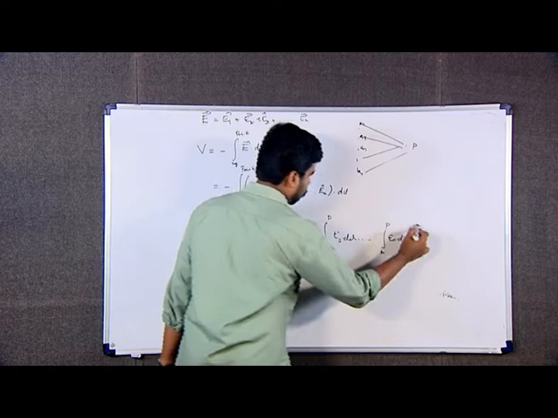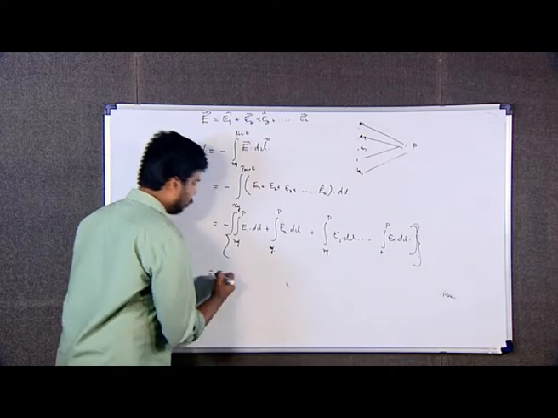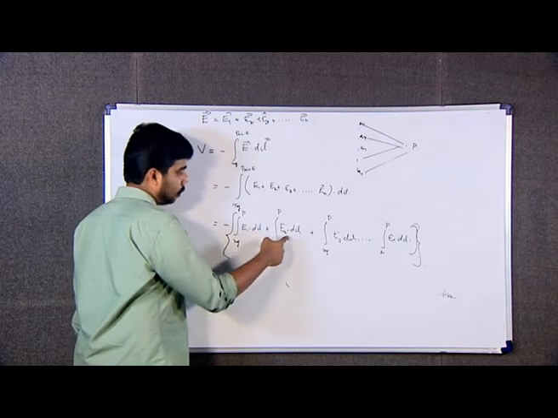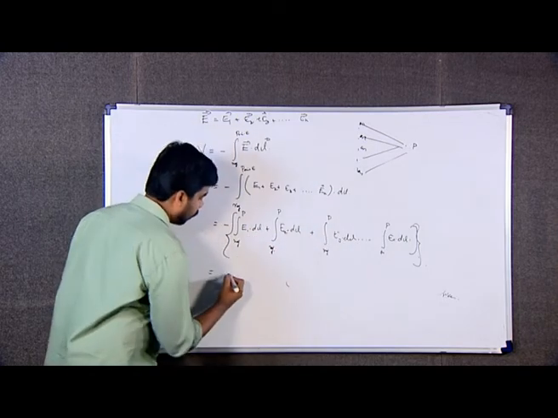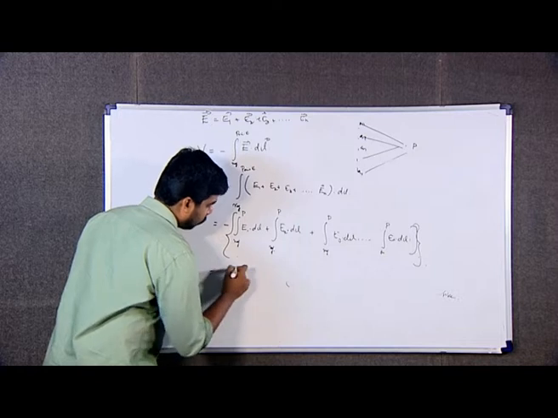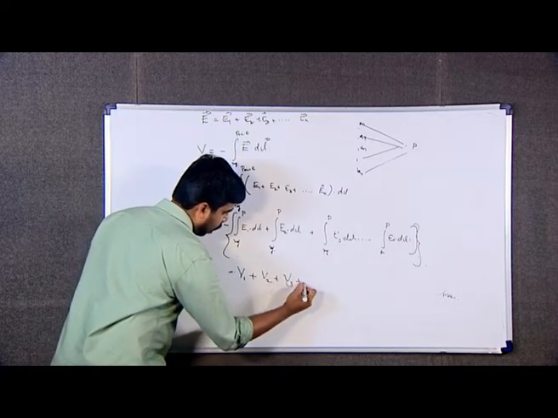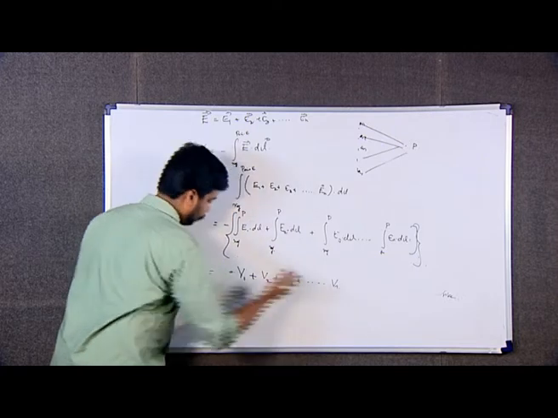Now, we close this bracket. What is minus integral E1 dot dl, minus integral E2 dot dl, and so on? I can write it as V1 plus V2 plus V3 up to Vn.